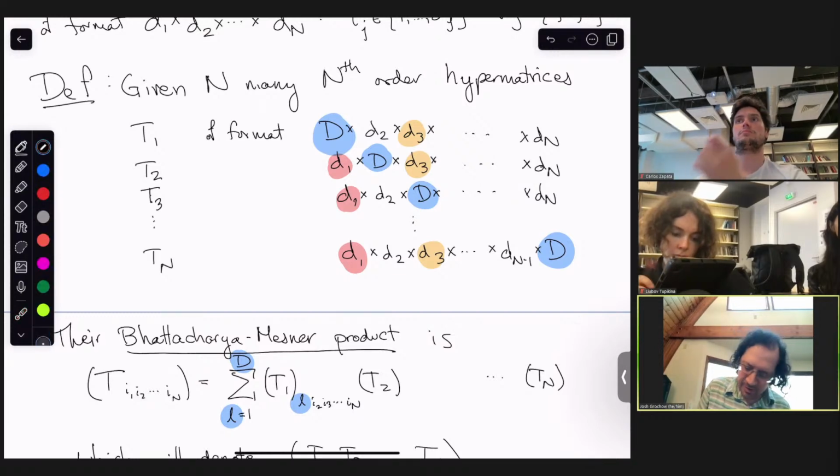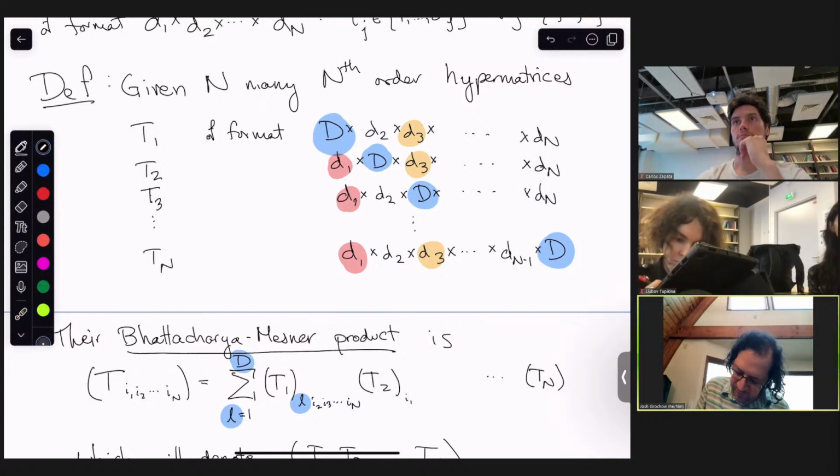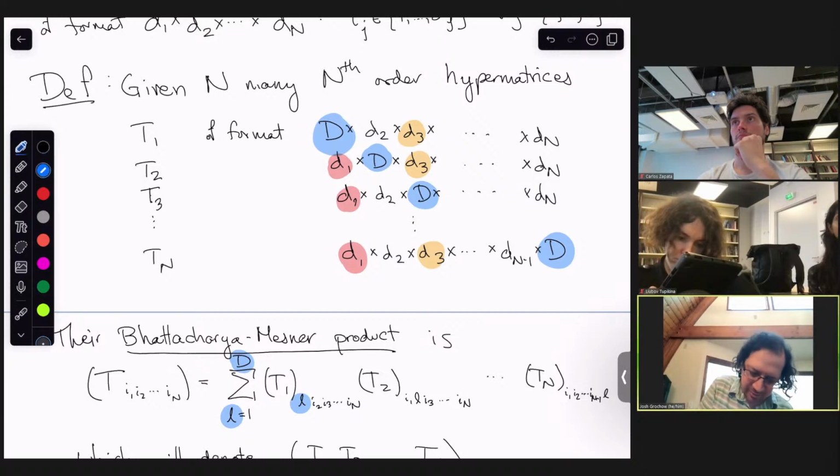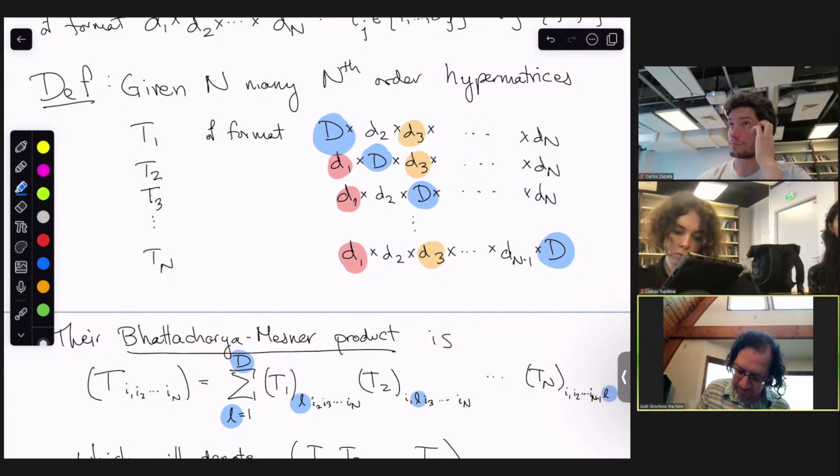Then the second one, its first index is going to be the index of the output. The second index is going to be the one we sum over. The third index will be the index of the output, and so on. And in the last one, all of them up to the second to last one will be the index of the output, and we'll sum over that last one. Just to highlight where we're summing here.